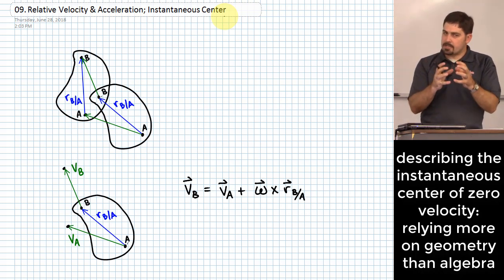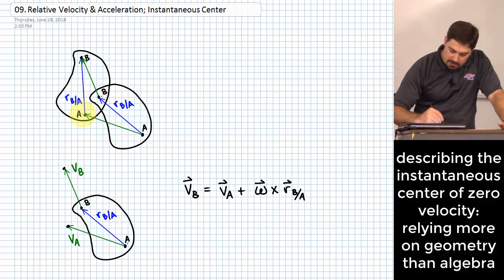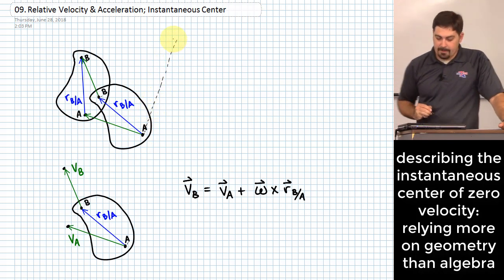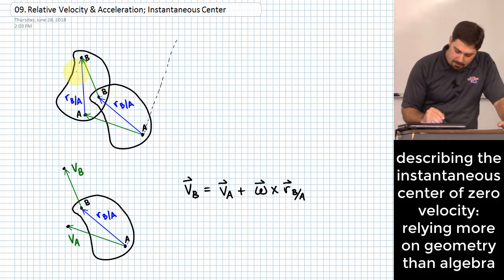If you can identify the direction of the velocities, then what you can do is draw lines that are perpendicular to the lines that define the direction of the velocity, like this, right? So you draw a line here, for instance, that's perpendicular to the velocity at point A, and I can draw another line that's perpendicular to the velocity of point B. All right?